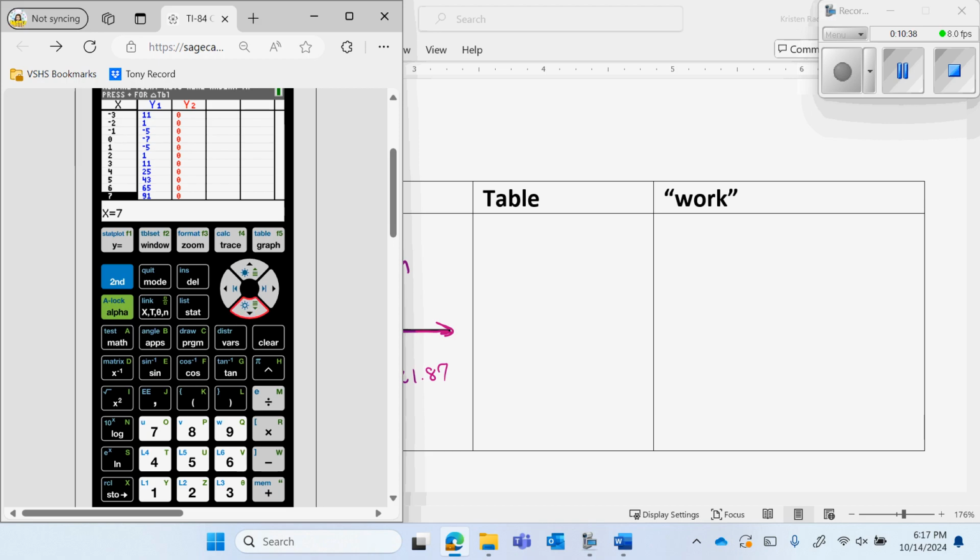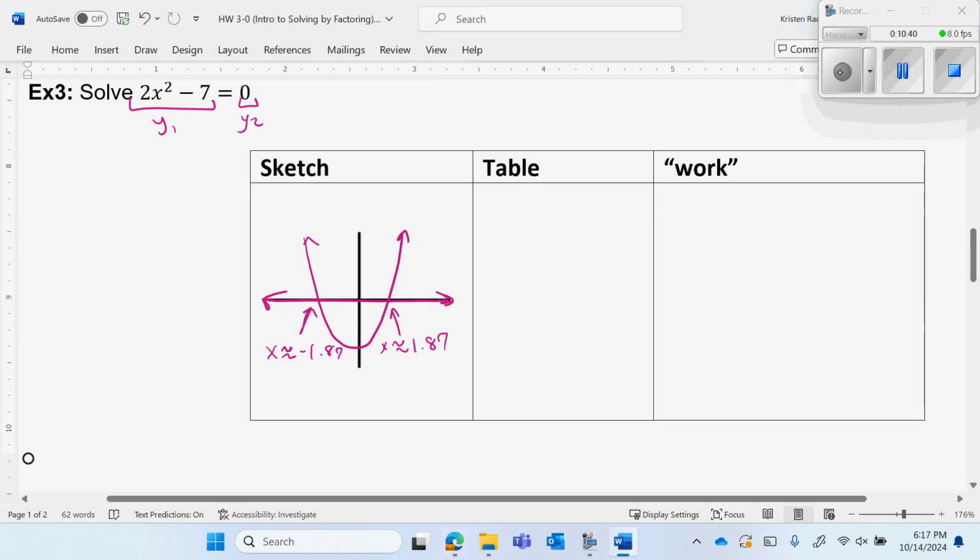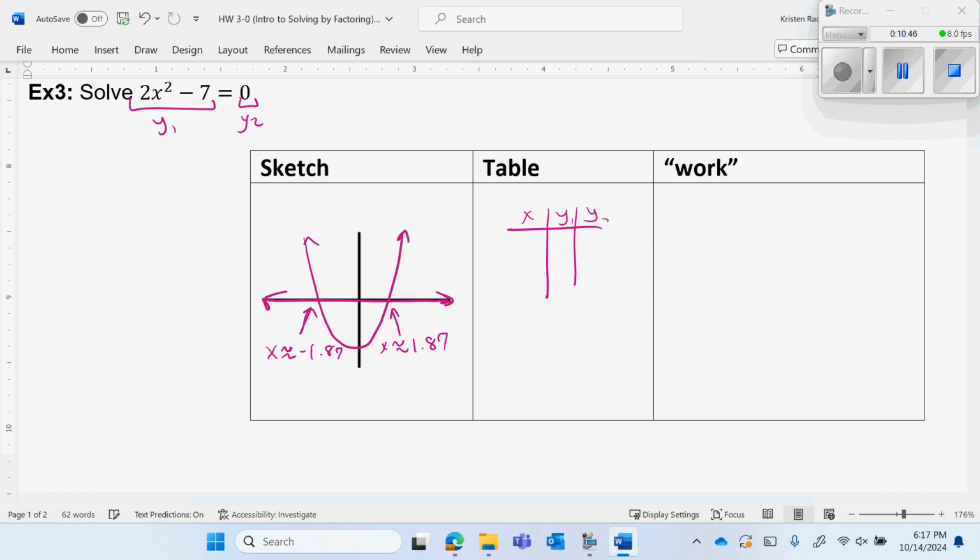So that's when we find the intersection on the calculator, when the table doesn't really work out. It won't help when answers are not integers. Let's go about actually solving this one.